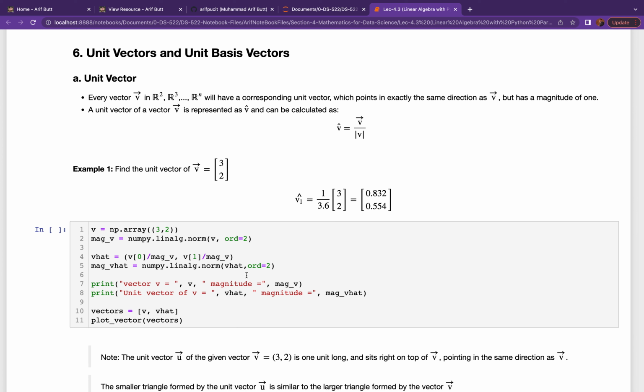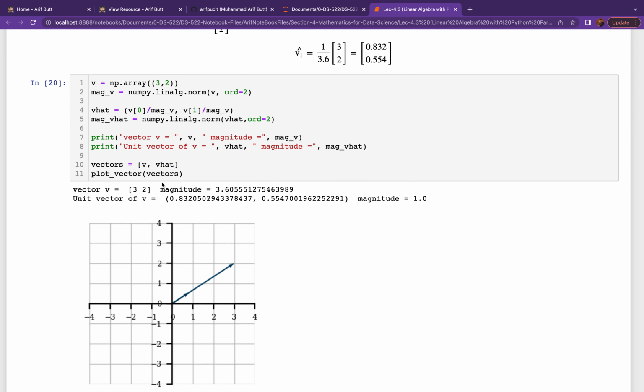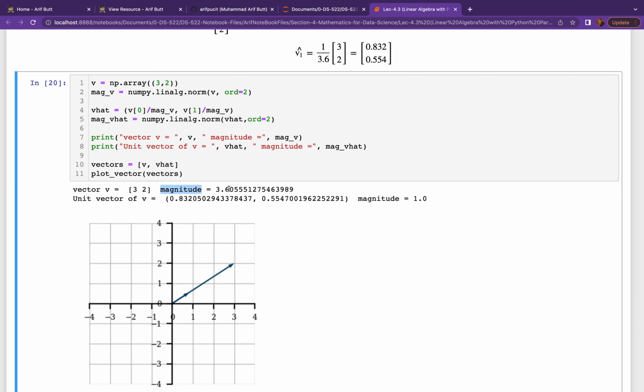As a sample code, you can see over here a vector in 2D space is shown. Let me execute the code. Okay. See this graphical representation of this vector 3, 2, having a magnitude of 3.6 as calculated over here using the L2 norm, and its corresponding unit vector, which is 0.832 and 0.55, and which is graphically represented over here.